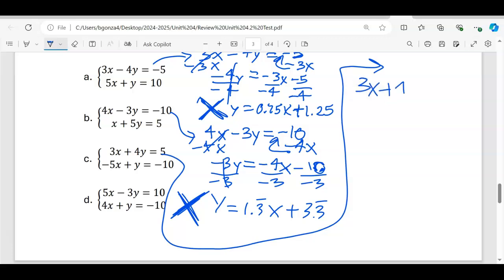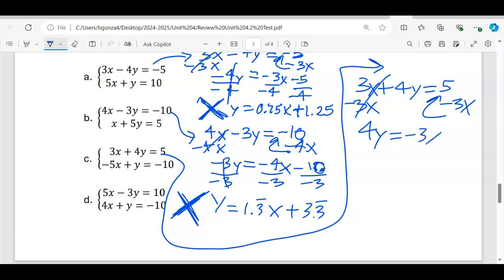3x plus 4y equals 5. You subtract 3x on both sides. 4y equals, put that in front, negative 3x plus 5. Divide everything by 4, and you should get negative 0.75x plus 1.25.